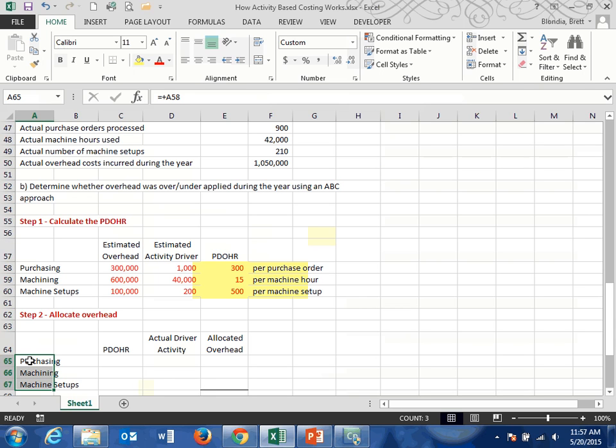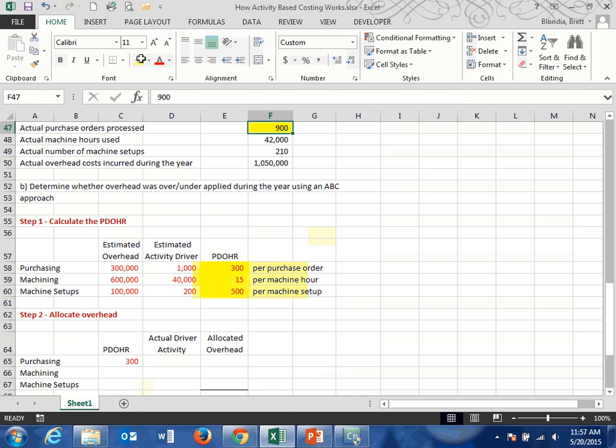Now, what I start with is the predetermined overhead rate from each one of these. So for purchasing, my predetermined overhead rate is $300 per purchase order. So to allocate overhead, I just take that $300 and I multiply it by the actual activity driver. So if I go back up to the given information, the actual purchase orders processed were 900.